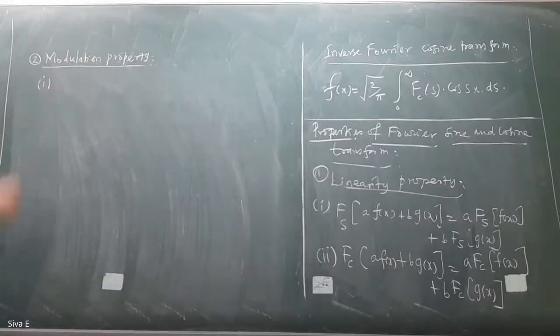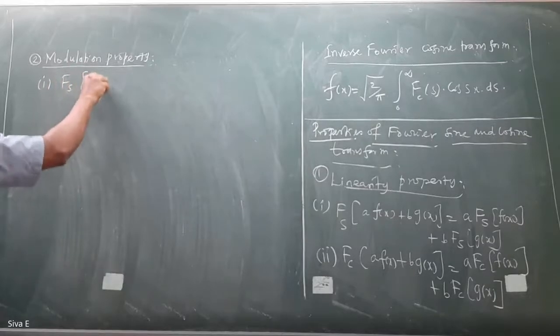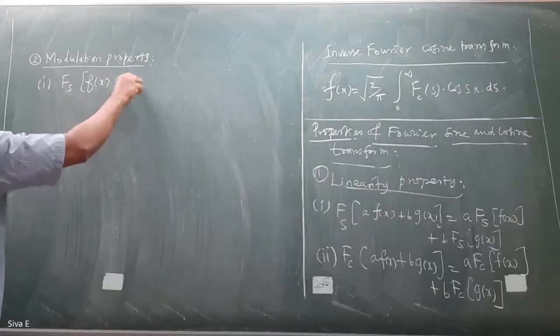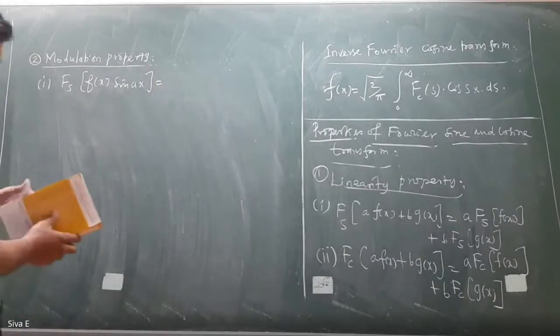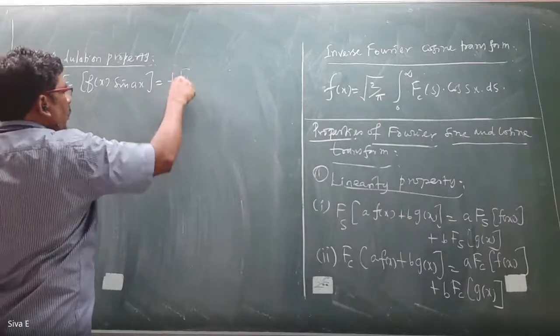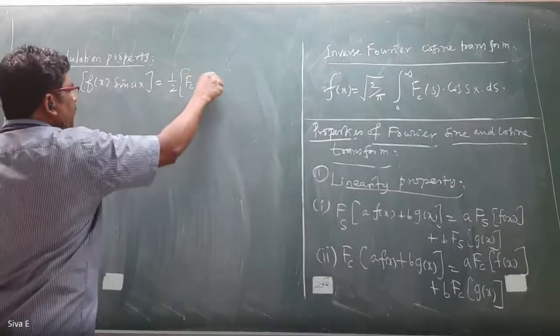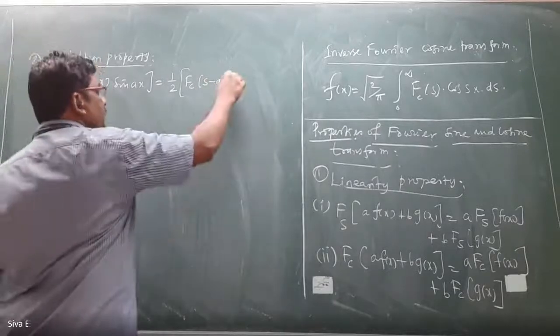Modulation property 1. Fs of f of x sin ax equal to 1 by 2 Fc of s minus a minus Fc of s plus a.